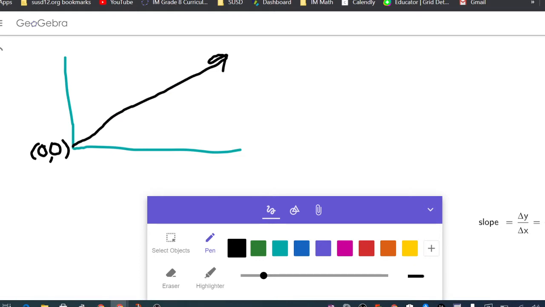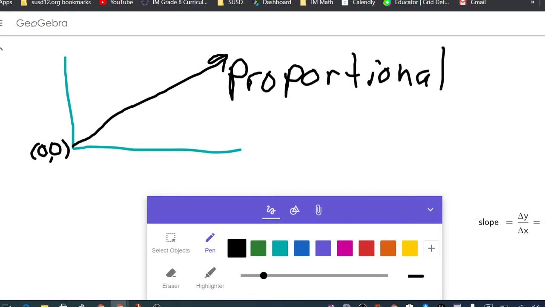These are proportional relationships. I'll spell that out. Proportional. This is one type of linear relationship. Just one type of linear relationships.